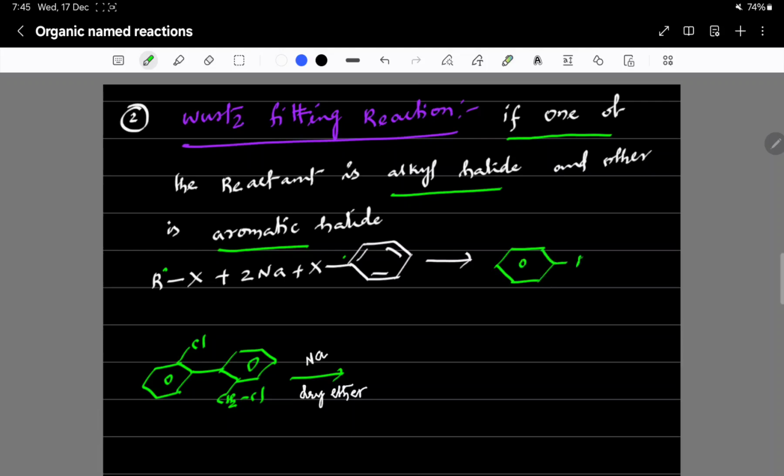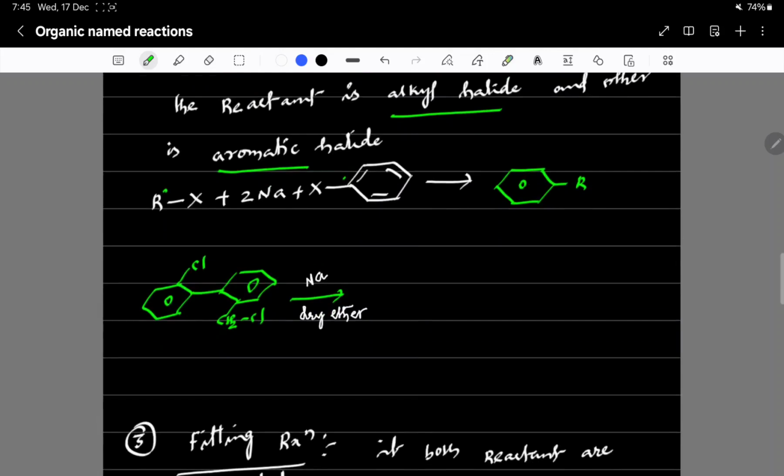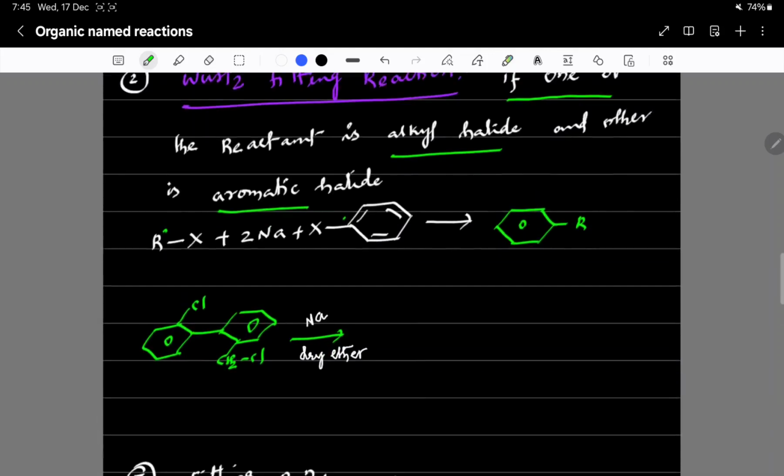So this is R, right? For example, you can take this sodium, which is a source of electron. We are using dry ether as the solvent. So then it will form an electron.